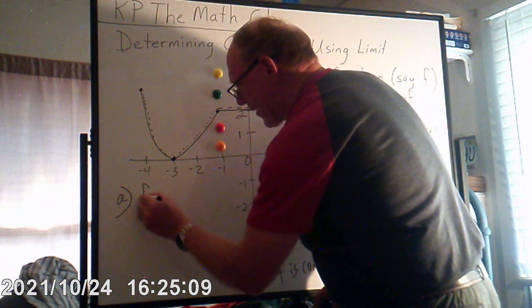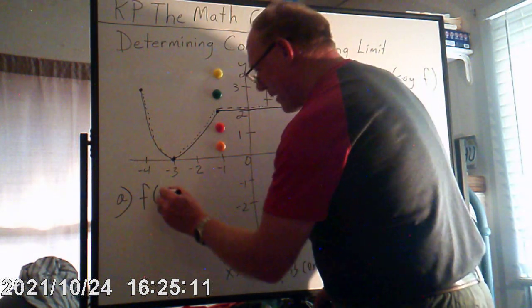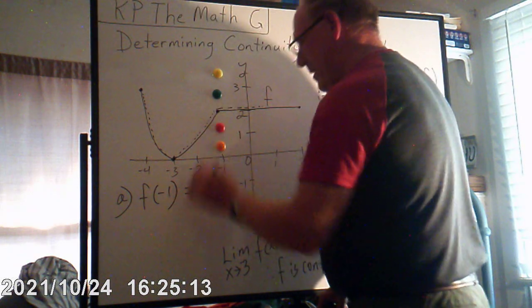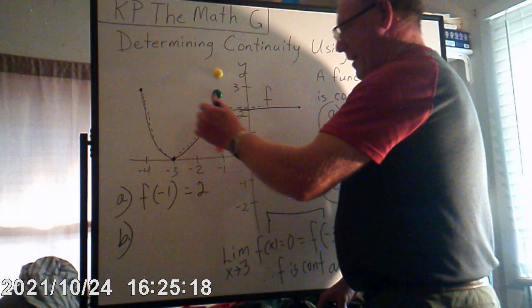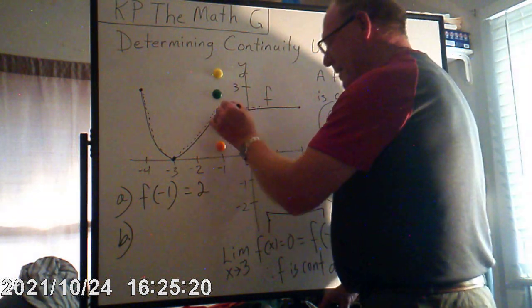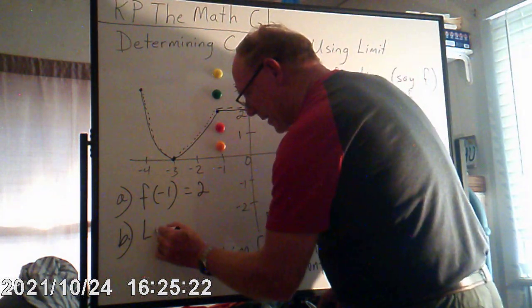Okay, so f at -1 does exist. It is 2. We know that the left side is also 2 and the right side is also 2 when we talk about limit.